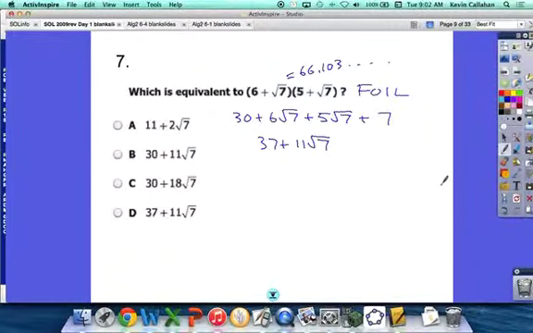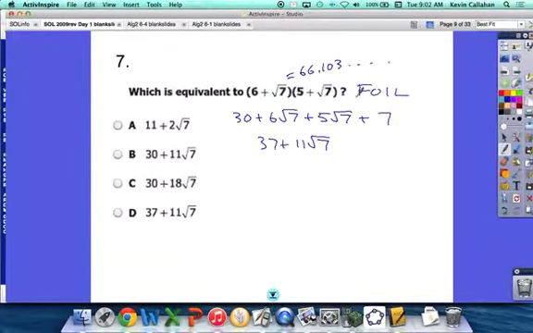If you don't do it that way, that's a FOIL, right? You just have to multiply everything in the first set of parentheses times everything in the second. Remember, what is the square root of 7 times the square root of 7? 7. It's like saying, what's the square root of 7 squared? You square a square root, they cancel each other out.